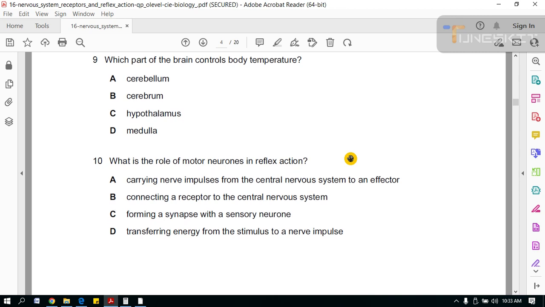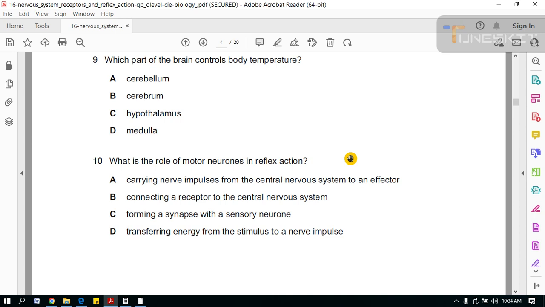What is the role of the motor neurons in reflex action? As we know, the reflex action involves taking the message from the central nervous system to the effector. So you can find the correct option, carrying nerve impulse from the central nervous system to an effector. So A is the correct answer.